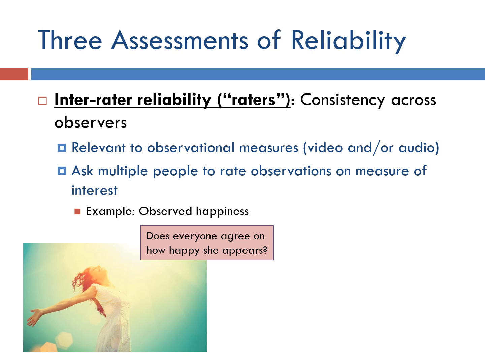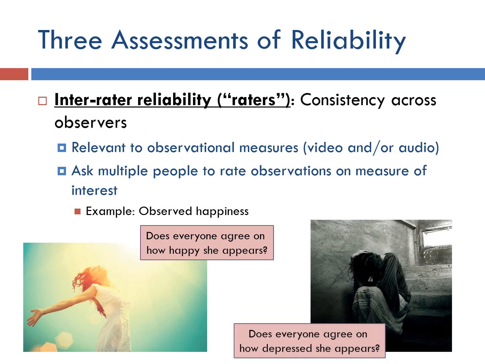The hope is that this observable behavior, arms flung back, smiling into the sky, we would all kind of agree with. And the same thing if we saw this picture, we could all ask ourselves, how depressed does this individual appear? And we would probably have pretty high inter-rater reliability when it comes to this observed happiness.